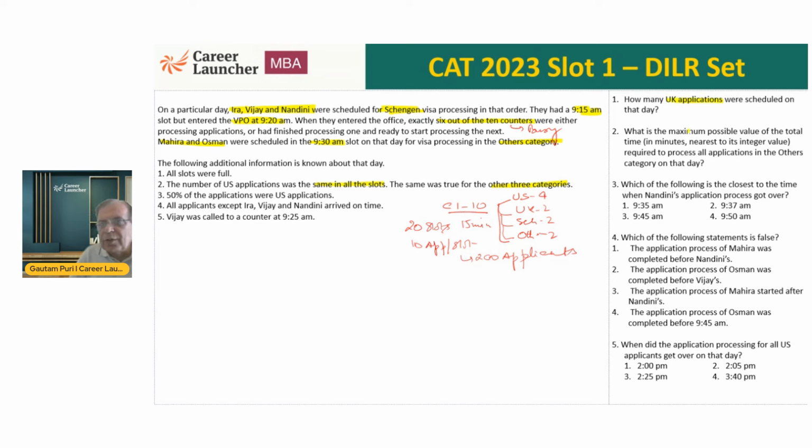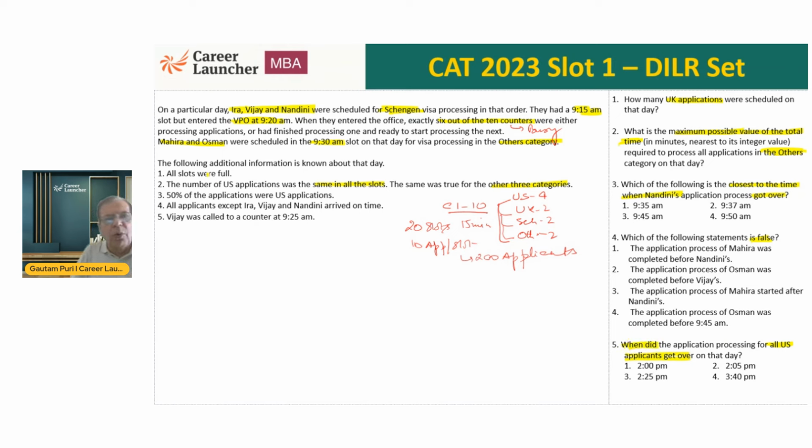Second question is the maximum possible total time in minutes for others. Third is which of the following is closest to the time when Nandini's application process gets over. Then which statement is false, I'll come to this later. And when did the application processing for all US applicants get over?